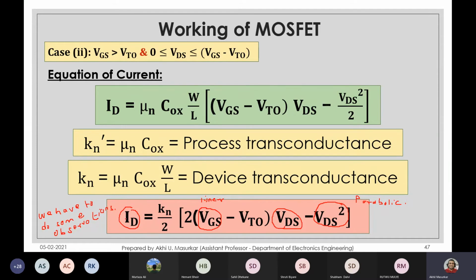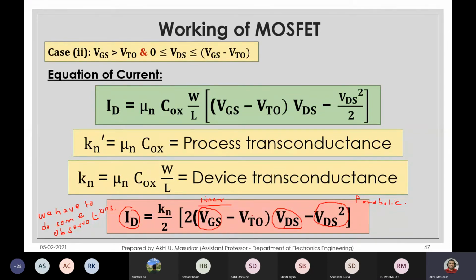So if you take ID as a function of VGS, if VDS is constant, then it will be linear, and the relationship between ID and VDS will be parabolic if VGS is constant. That's what we do in input and output characteristics. When we are plotting ID versus VGS, we keep VDS constant, and that is why the relationship comes out to be more or less linear.